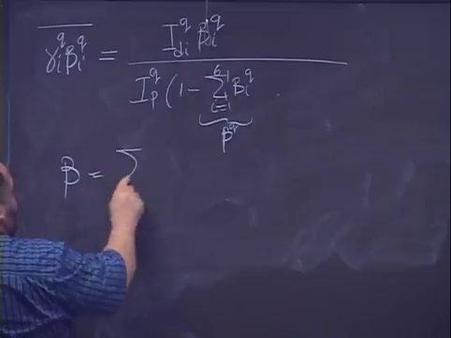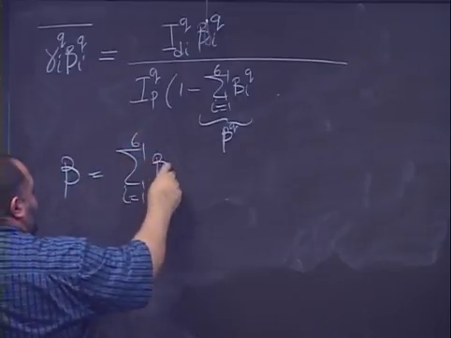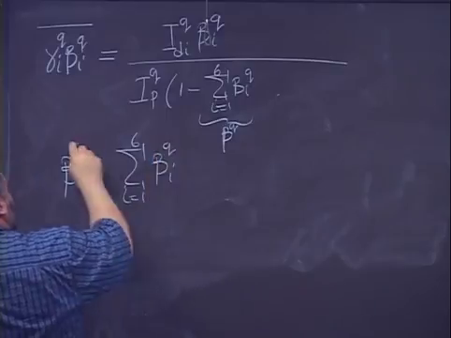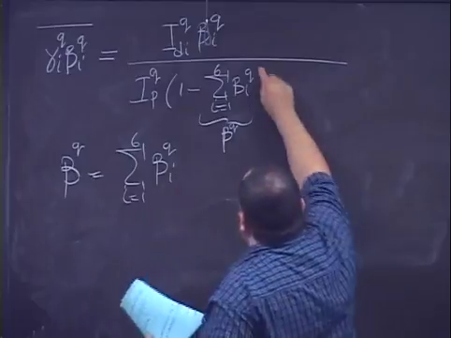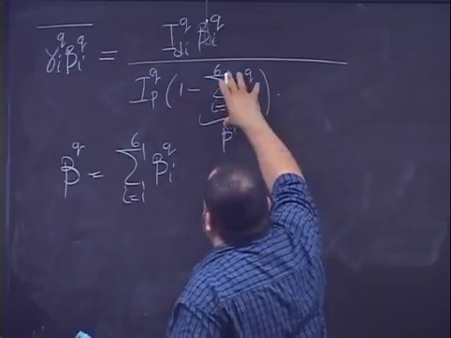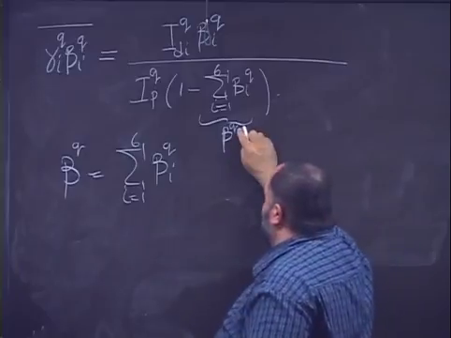Beta is equal to what? I equal 1 to what? To 6 of beta I. Okay, guys? So this is the total delayed neutron fraction from isotope Q.